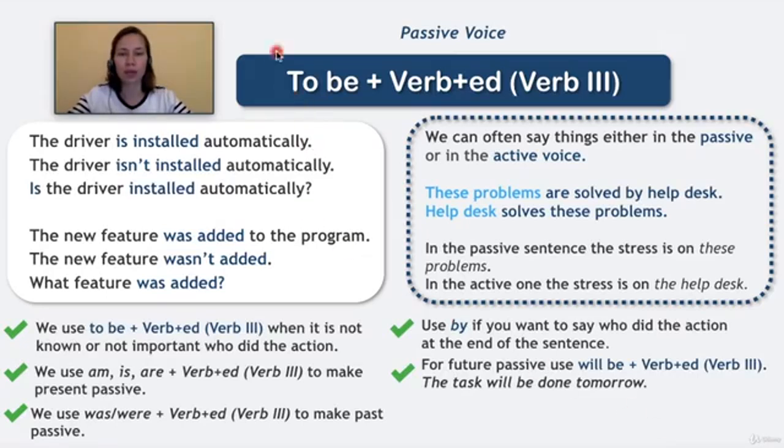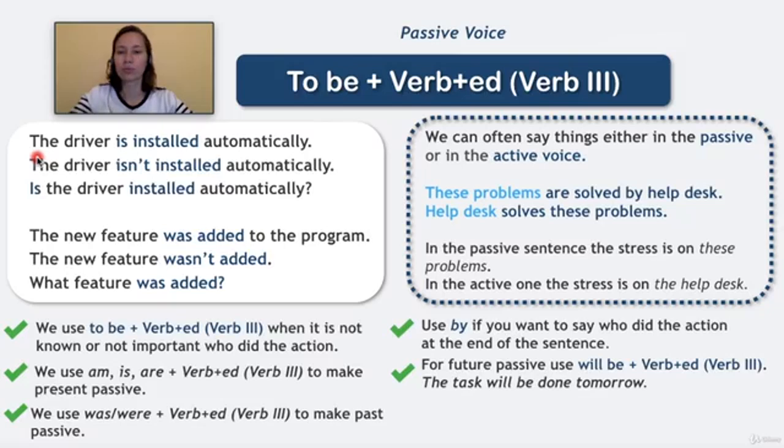You form it with the help of the verb to be, which is changed into am, is, are in the present simple, or was, were in the past simple. And you can use it in the future simple. In this case, you just add will, and you have will be for future. And no matter what tense you use, the main verb is always going to be with the ending ed, or if it's an irregular verb, you will use the third column, the third form of this verb.